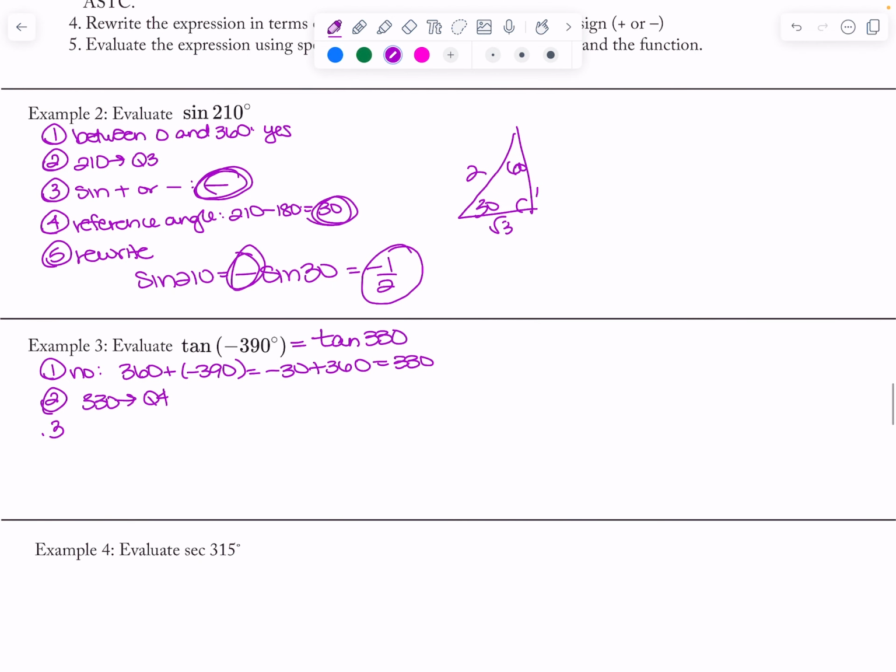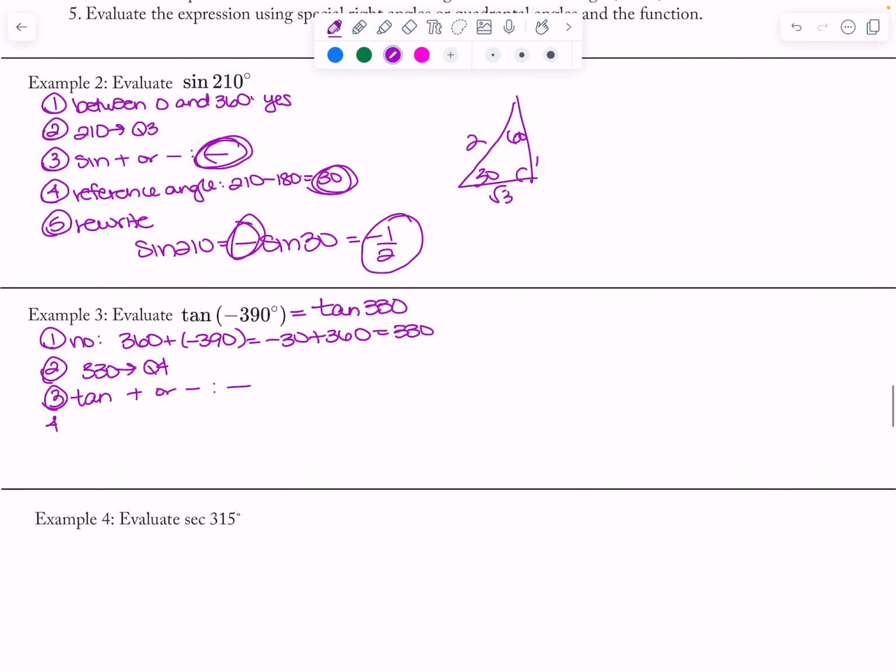Is tangent positive or negative in quadrant 4, because I'm looking for tangent? It is negative. Then I find my reference angle, and because I am in quadrant 4, I have to take my 360 and subtract 330, which is 30.